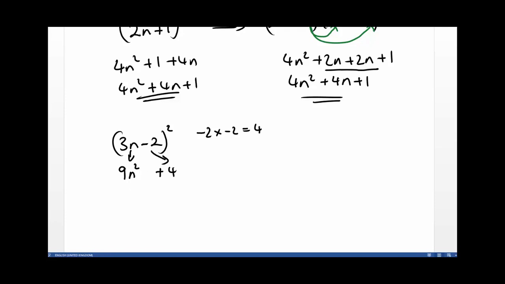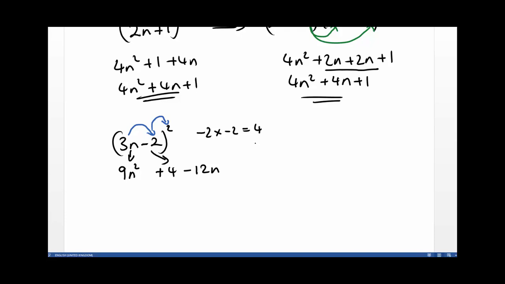Now what I'm going to do, I'm going to do 3n times minus 2, which is going to give me minus 6n. I'm going to take that answer of minus 6n and I'm going to times that by 2. And that's going to give me minus 12n. I'm just going to write that part out here.